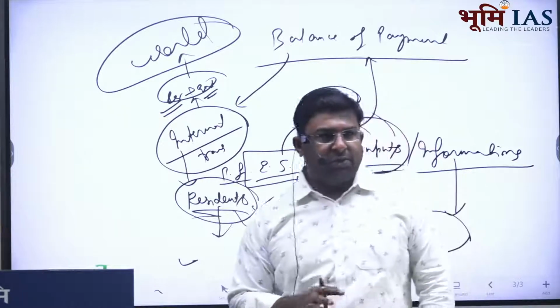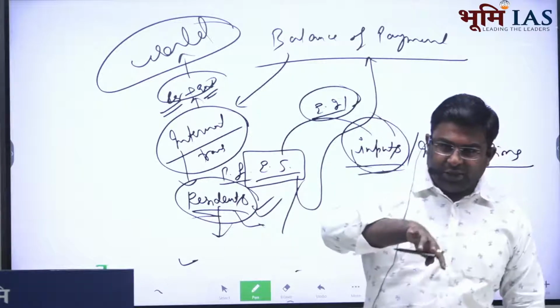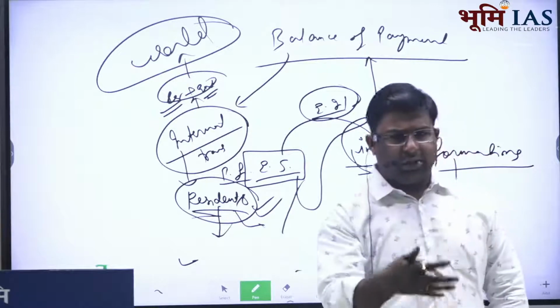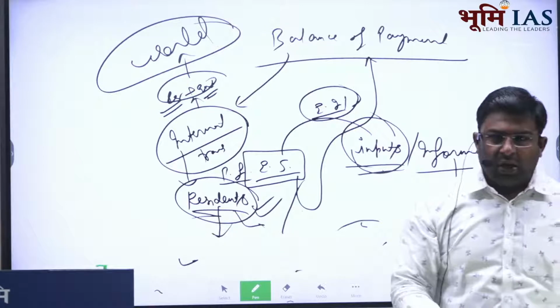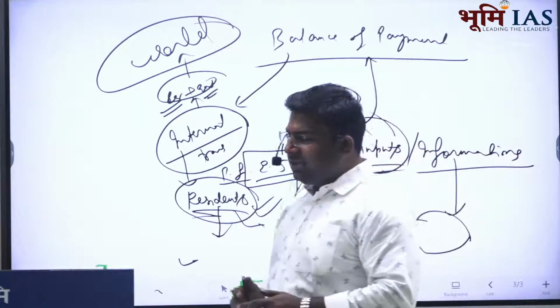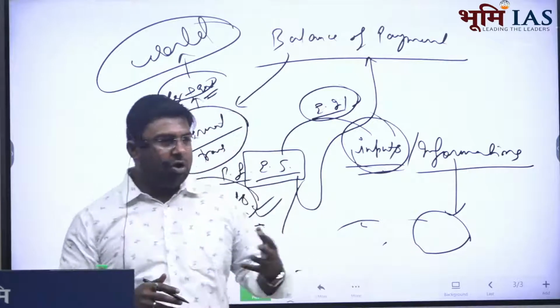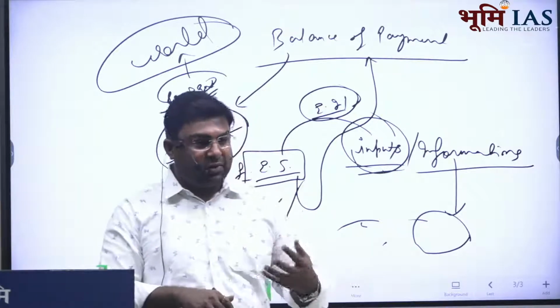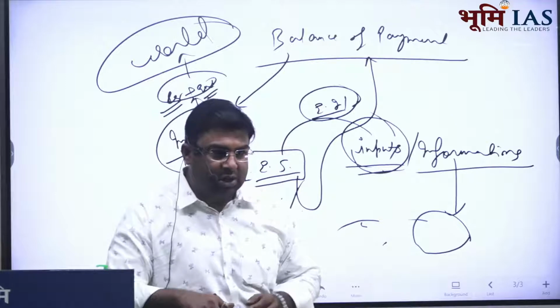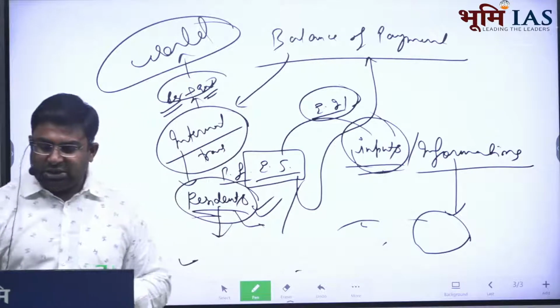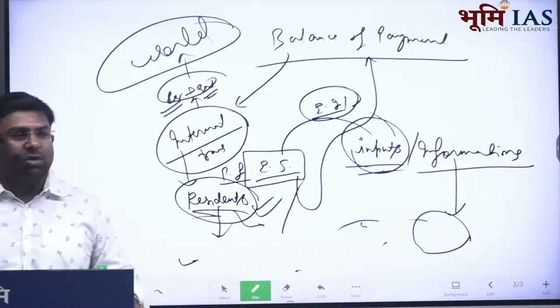Are you able to make a difference between these two words, institutions and individuals? Institutions means what? For example, Tata, Reliance, these institutions. So this concept of residence also applies not only to individuals but also to institutions. How will you deal with which institution would be a resident of India or not?